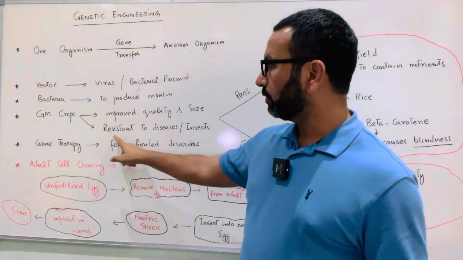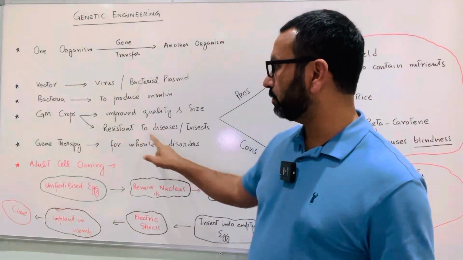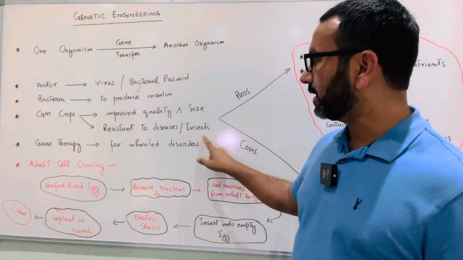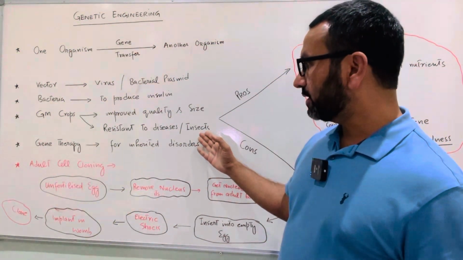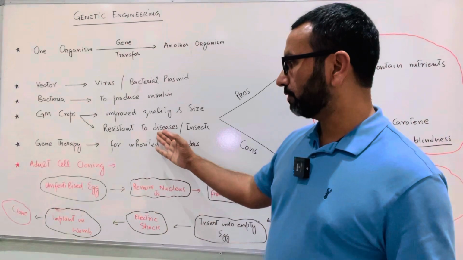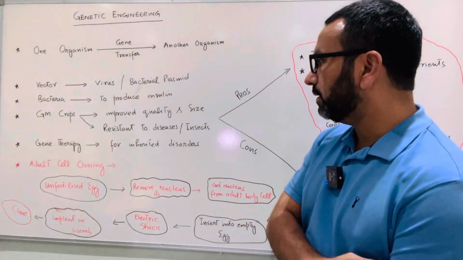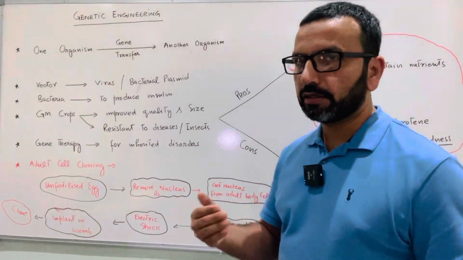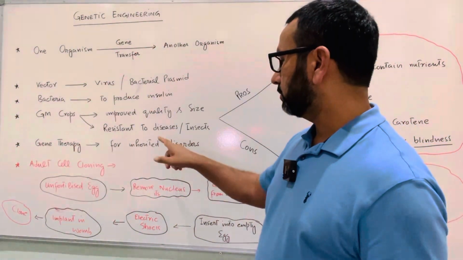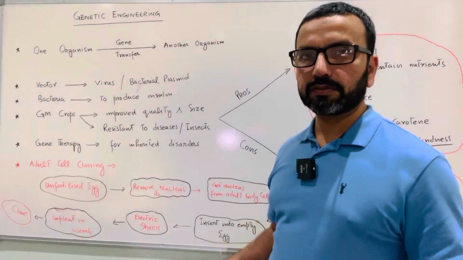Second, we can get crops which are naturally resistant to diseases and insects. So, less use of pesticides and less use of any poisons or herbicides to kill the pathogens.